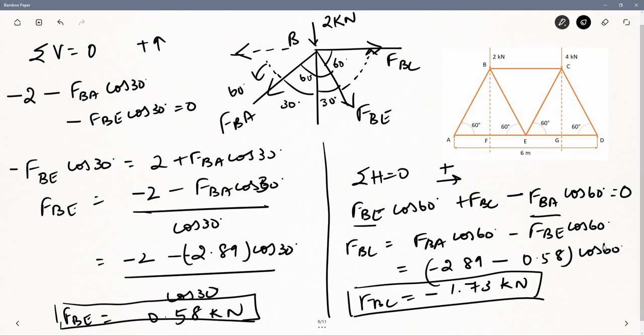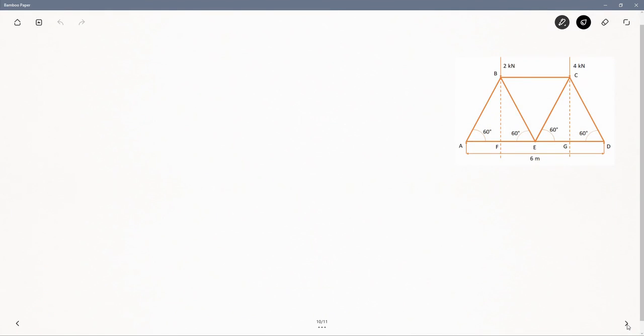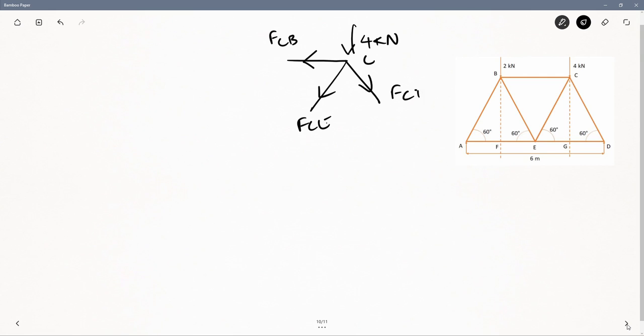Now we have only one unknown member force left, which is FCE, for which we will analyze the joint C here. I'll draw the free body diagram again. I have this point load of 4 kilonewton acting at exactly joint C. This is force CB, force CE, and force CD.